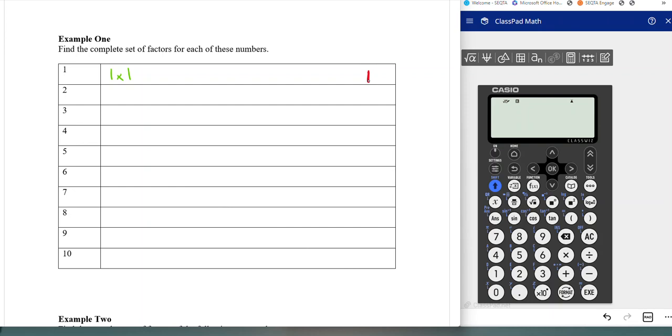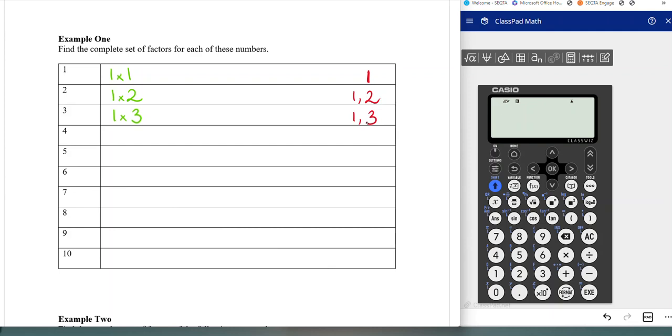I'm going to write it over here on the side. For 2, we can do 1 times 2, which means the factors are 1, 2. For 3, we can do 1 times 3, which means my factors are 1 and 3.